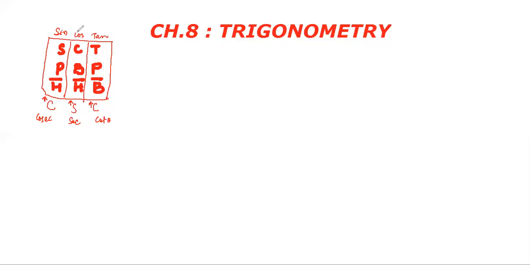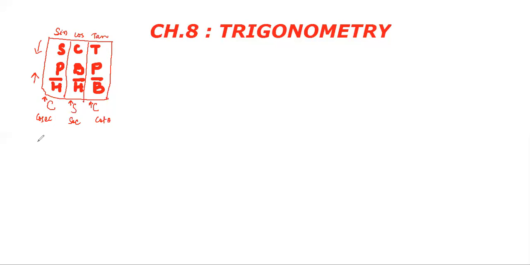That means sine theta, cos theta, and tan theta if you read it from this direction, and cosec theta, sec theta, and cot theta if you read it from this direction. So this is something you have learned before we started with exercise 8.1.